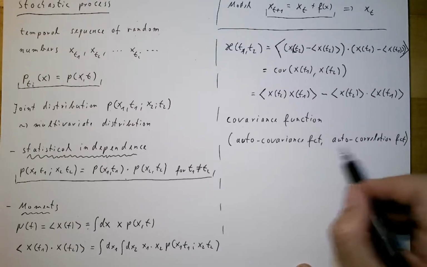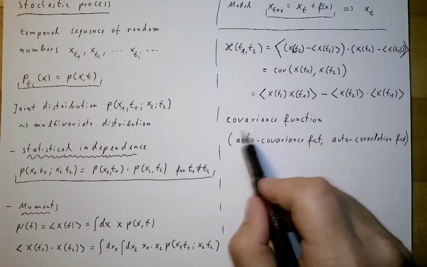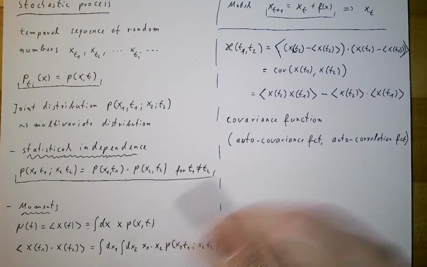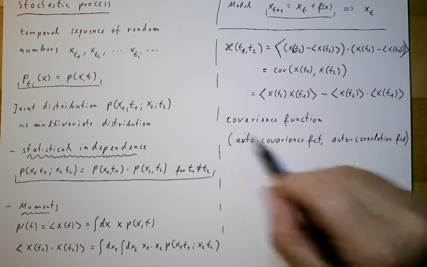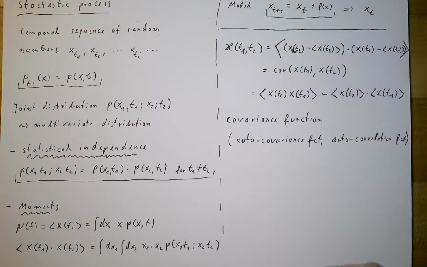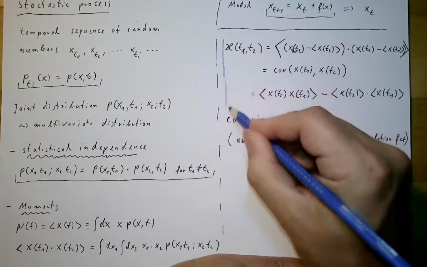Very often people use autocorrelation function, but sometimes we mean the autocovariance function. And this word auto is sometimes not used, and we just say covariance function. Whatever term we use, that's the thing we are interested in.